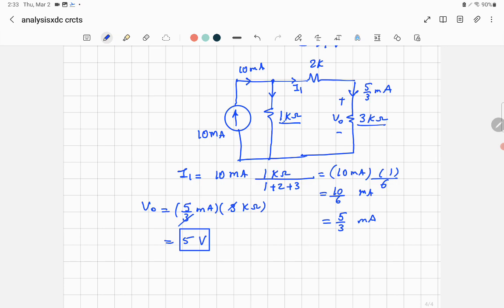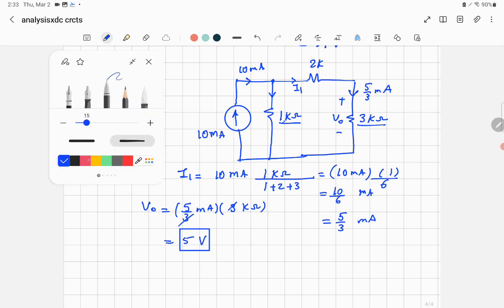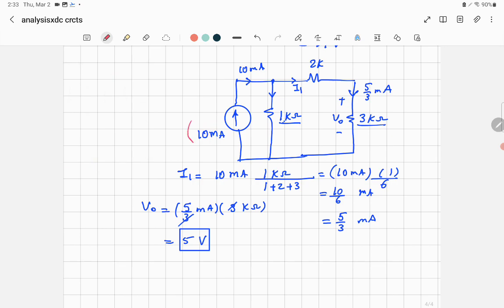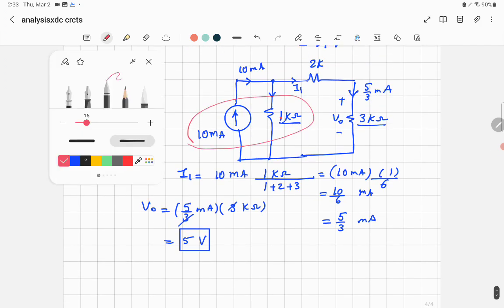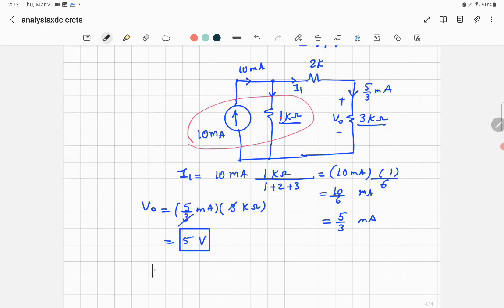Another way to do it is to convert the current source into a voltage source. They are connected in parallel, so you multiply the value of the resistance by the value of the current. 10 milliamp times 1 kilo ohm gives 10 volts.